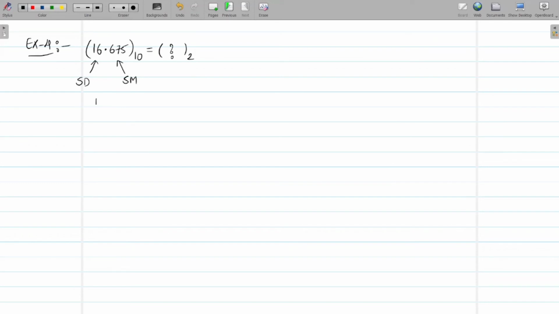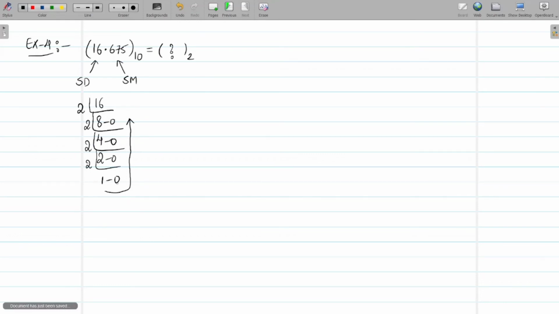If you consider 16 as the integral part, doing successive division: 2 times 8, 0 remainder; 2 times 4, 0; 2 times 2, 0 remainder; 2 times 1, 0 remainder. Hence for 16, what will you get? 1 followed by how many zeros? 4 zeros.